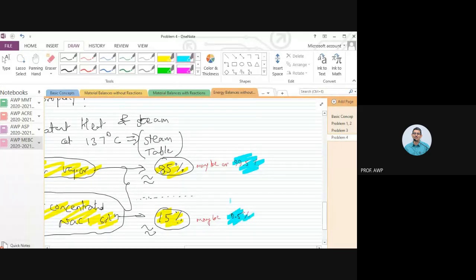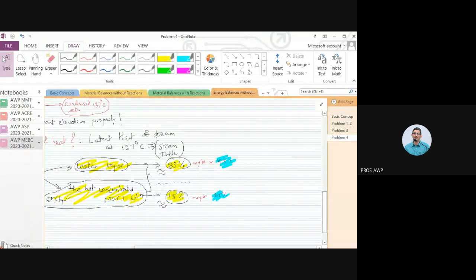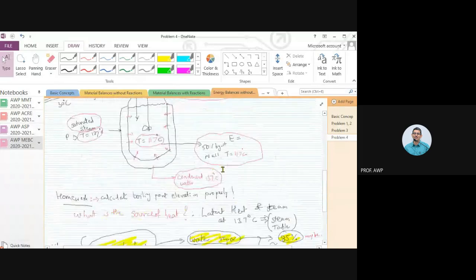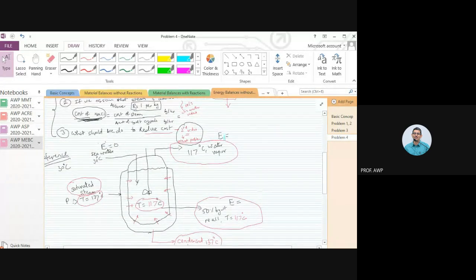Whether it is 99.5 or whether it is 85, do you all agree that whatever latent heat we have supplied, the majority of it is ending up in the water vapor? This is what is taking up a lot of heat. Do you agree with that? Yes, sir.